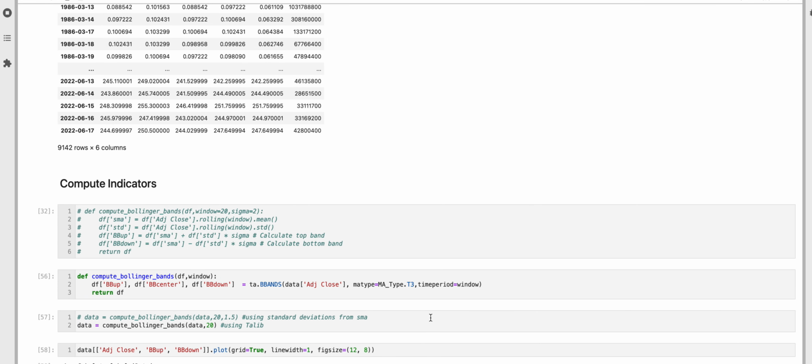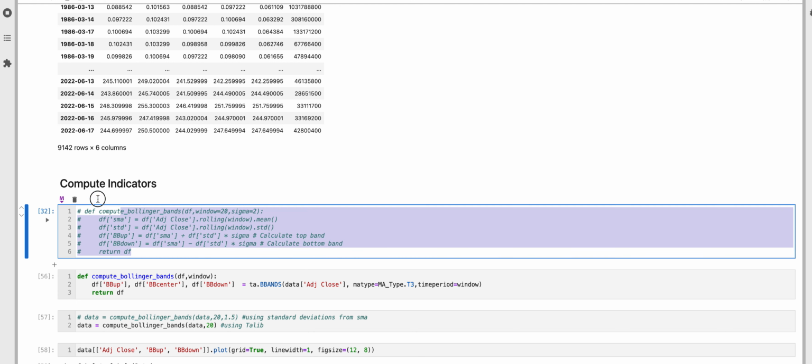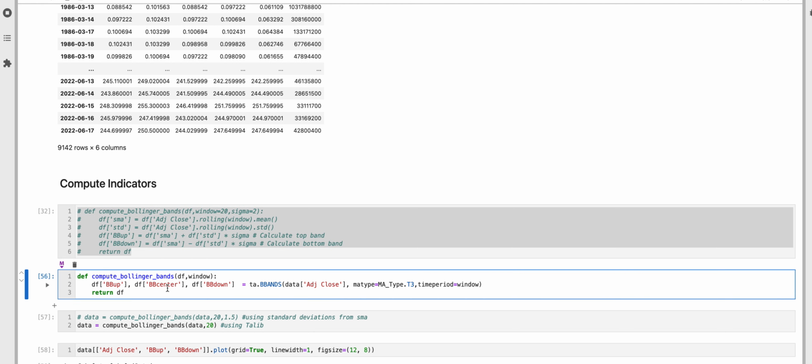We can define our own Bollinger Bands as standard deviations from the simple moving average, as shown here, or we can also use the Bollinger Band function from the TA-Lib library, as shown here.